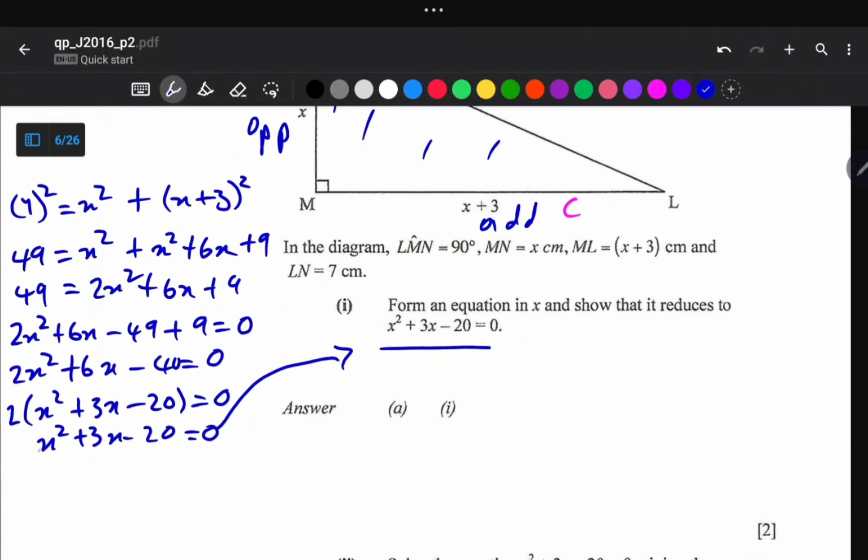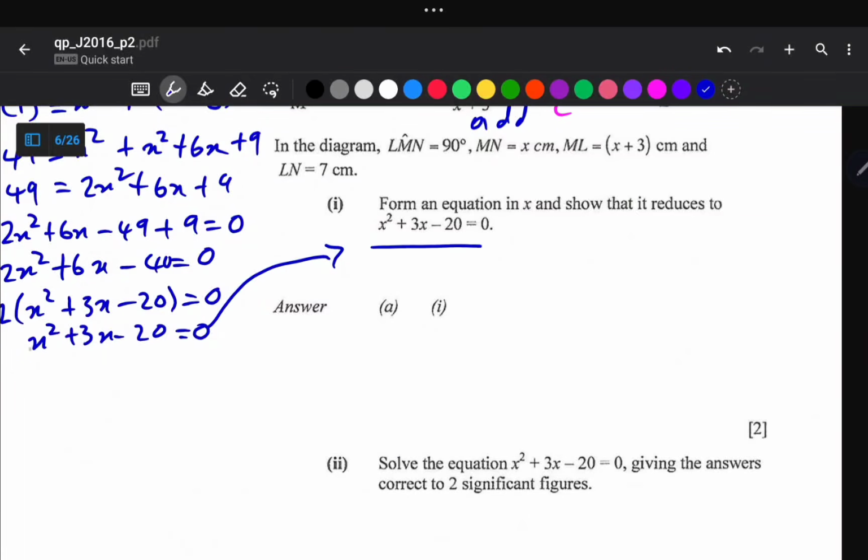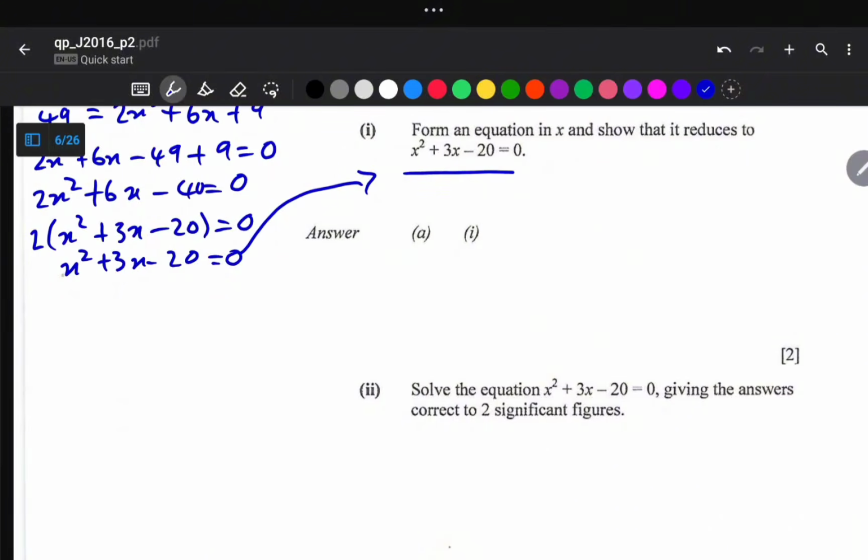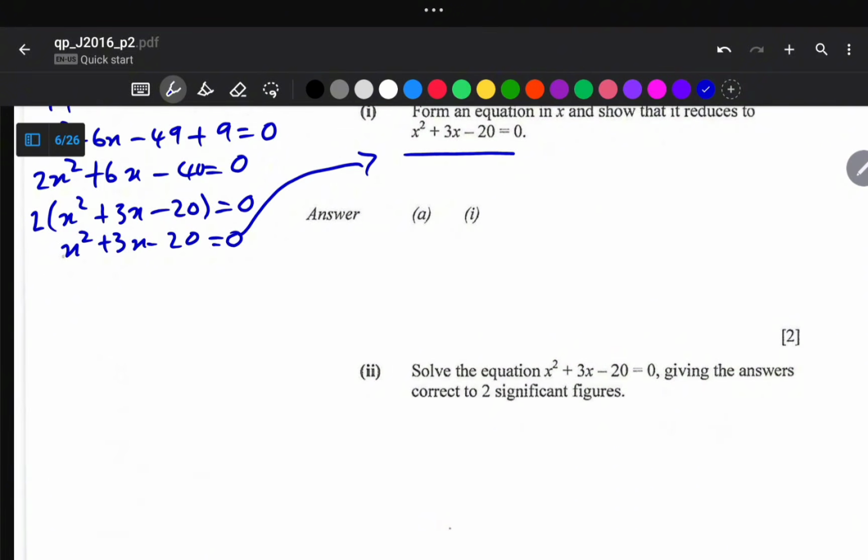Okay, so in the second part of our question, we are required to solve the equation x squared plus 3x minus 20 being equal to 0, giving our answer correct to two significant figures. Whenever you see the question saying give the answer correct to two significant figures, it simply means that the equation cannot be factorized.